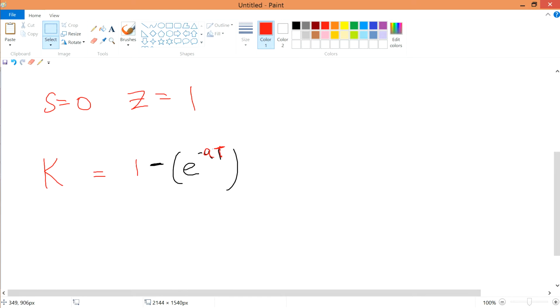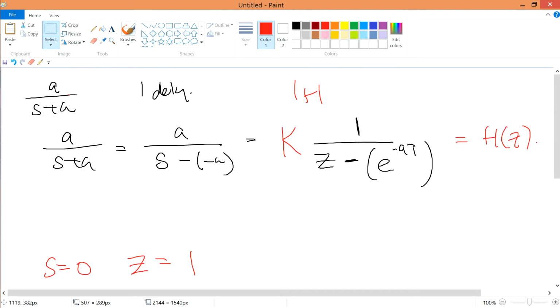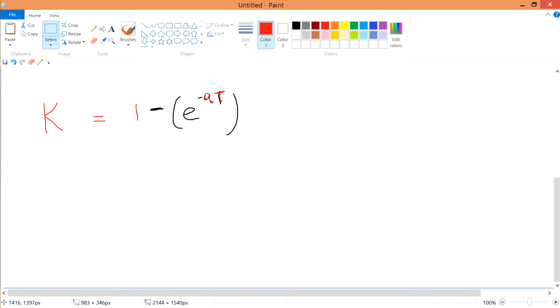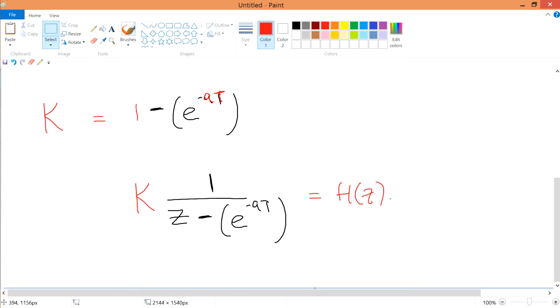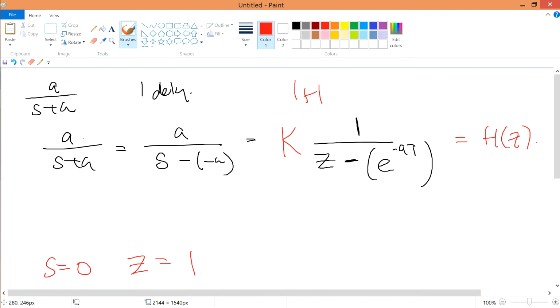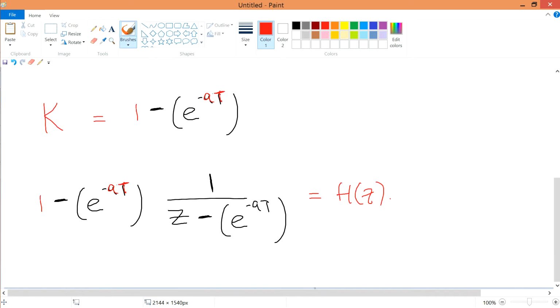So if I sub in my K into this transfer function over here, ta-da! Over here, this is my K.